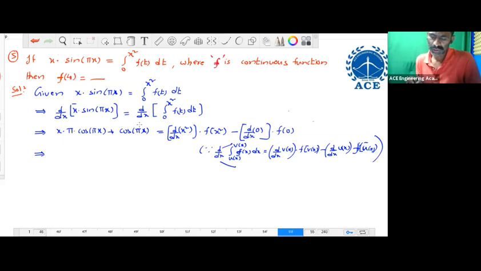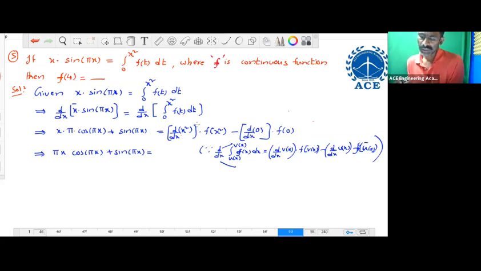on the left hand side, pi x cos of pi x plus sine of pi x equals, now right hand side, the second term is 0 after the minus, because the derivative of 0 is 0.